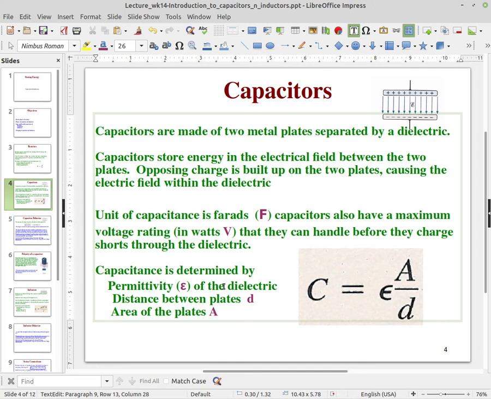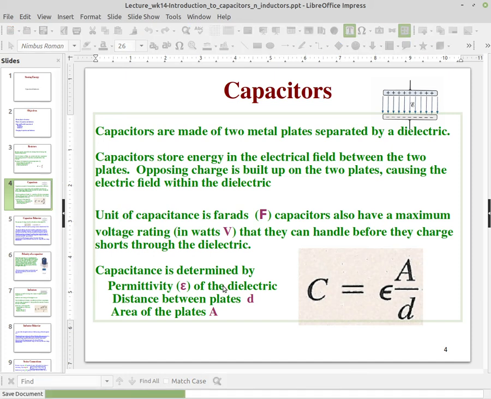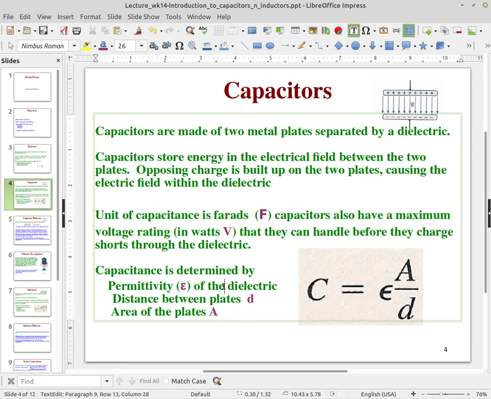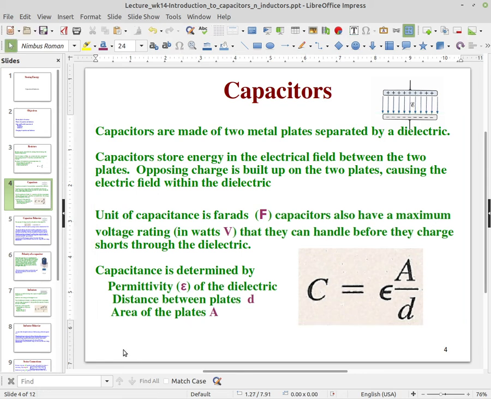The other aspects are the distance between the plates. As the distance between the two plates gets smaller, the capacitance actually gets larger because they're closer together, they have a stronger attraction. And the area of the plates. The area of the plate is where we're putting the charge. So if it's a larger plate, we can put more charge on it, and therefore also increase the capacitance.